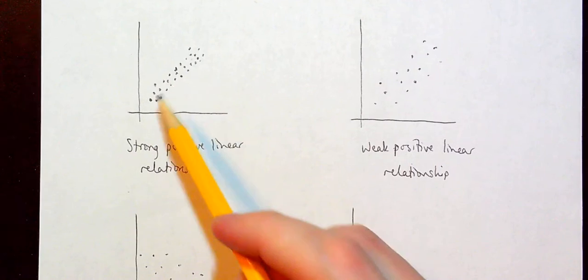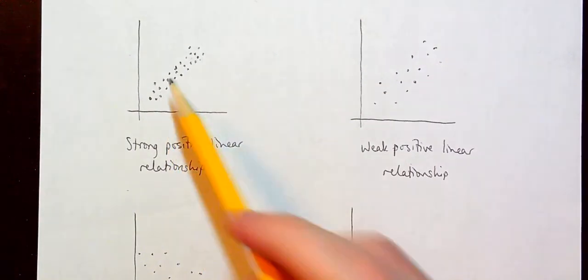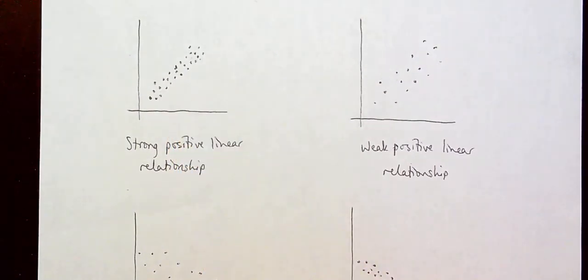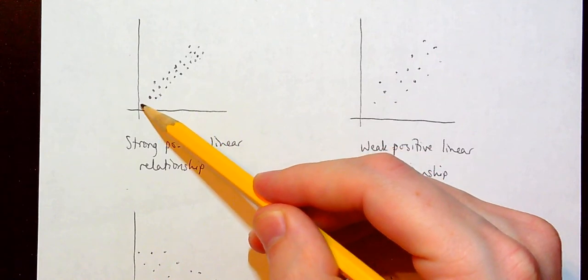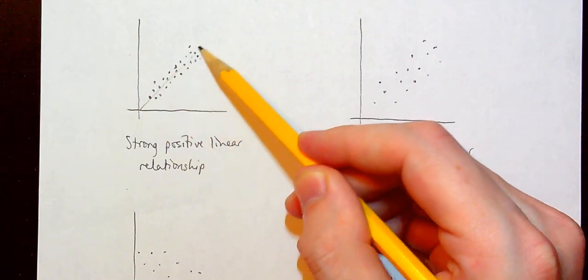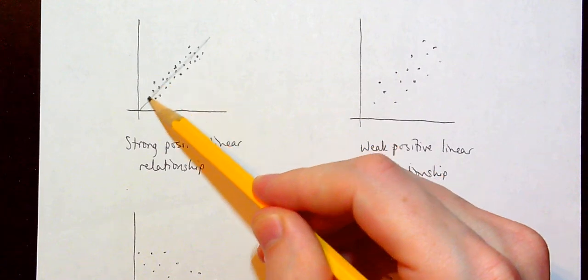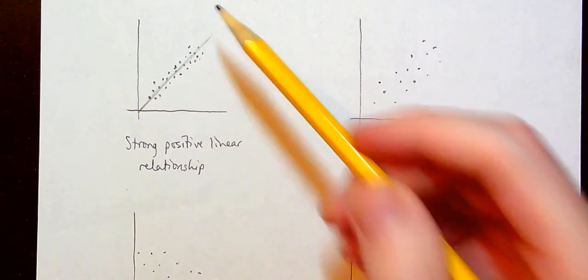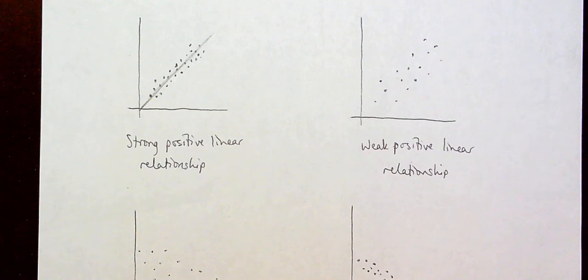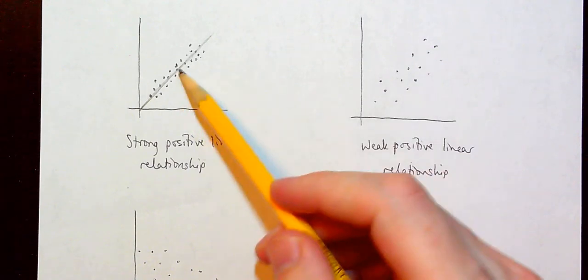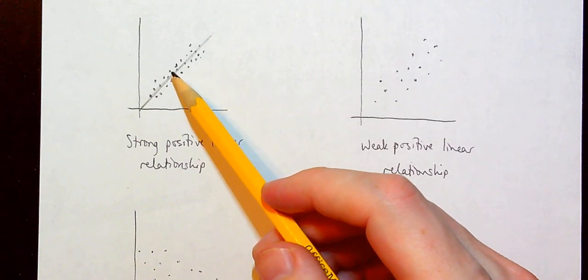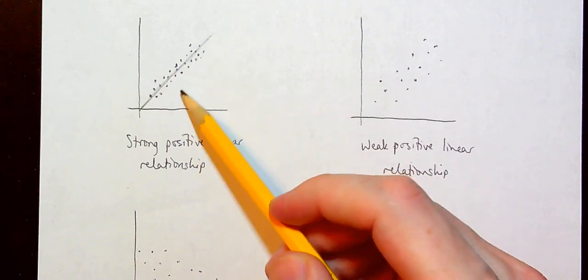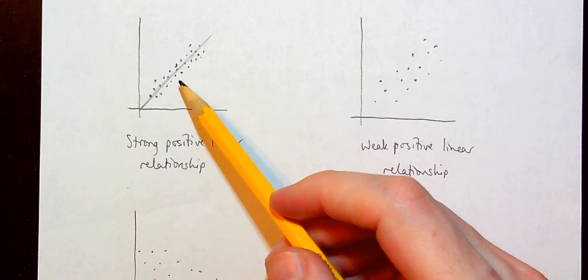In this one here, we see that all these data points are very, very close to each other. And if you picture drawing a line through here, drawing this line here in pencil, we see that these points here are all very, very close to that line.